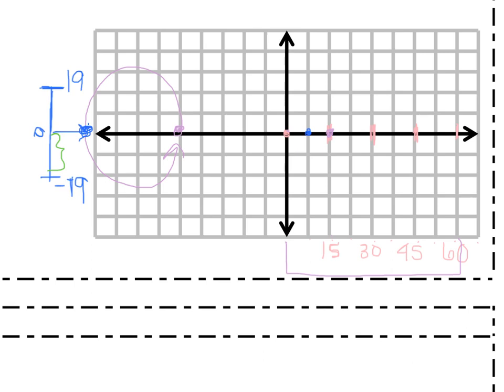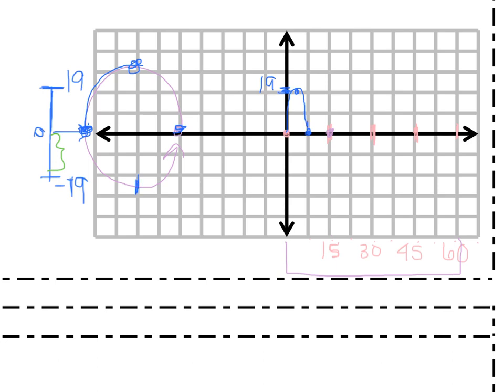Now, halfway between my 0 seconds and my 7.5 seconds, I'm going to reach this maximum height of 19 feet. Halfway between 0 and 7.5 is going to be 3.75. And we're going to let our max value be approximately right here, 19. Now we start to notice a little bit of motion here.